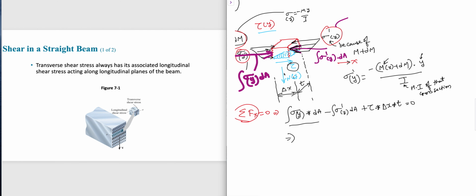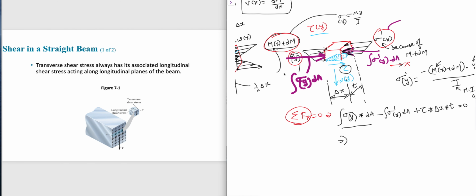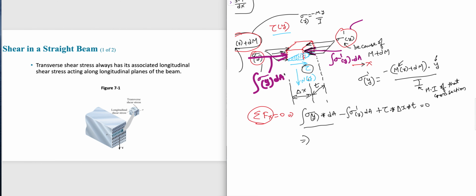Assuming you agree to that, what about sigma y? You would say the same thing: sigma of y is moment at x times y over moment of inertia of that cross section. This is negative.